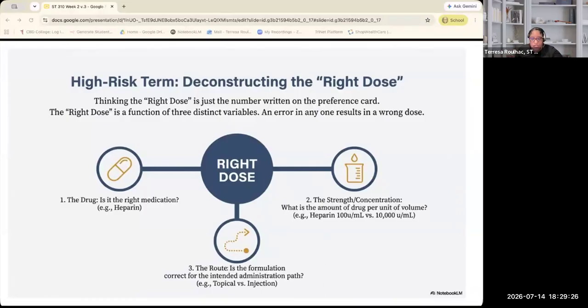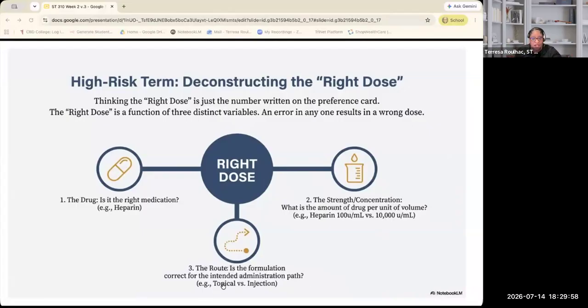So, if you have the correct medication, what if it was given in the wrong route? Hypothetically, it's still the right dose, but it's the wrong route. It's all about making sure that every piece fits together. That is an important patient safety skill.